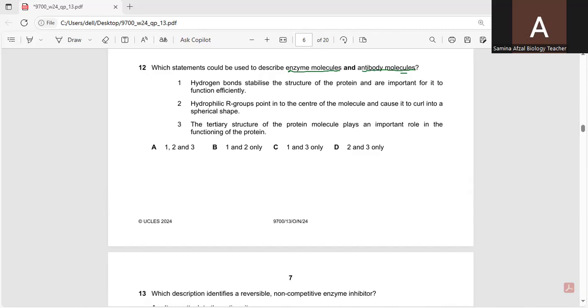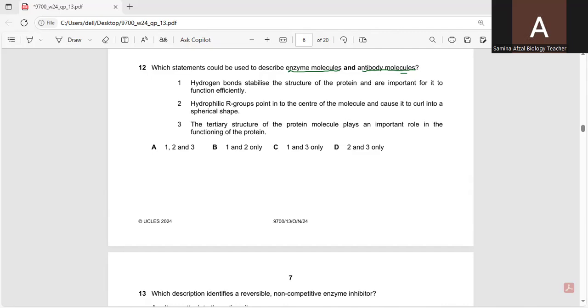According to the enzymes, first of all, enzymes are proteins in nature and their 3D structure is crucial for their catalytic activity. Hydrogen bonds play a significant role in stabilizing the secondary and tertiary structures of the enzymes. In primary structure, there are straight chains.